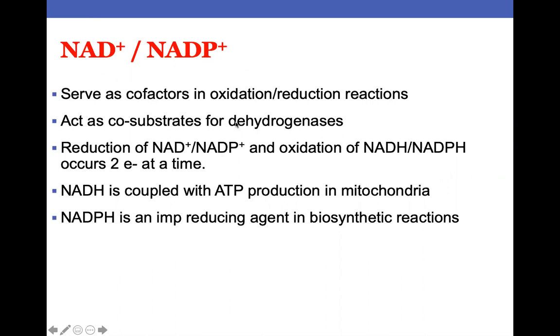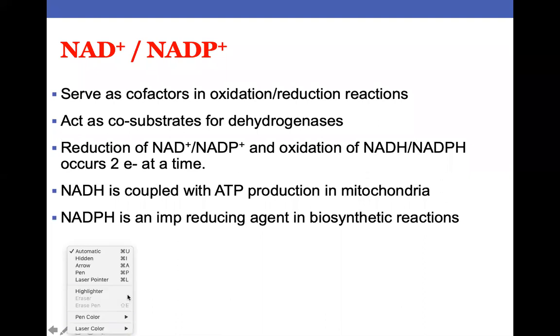I feel like this slide sounds kind of confusing, but in case you ever forget what enzyme is associated with NAD or NADP, what you can remember is that the initial form of this is actually NADH. And so I need to use an enzyme called a dehydrogenase to remove the hydrogen.